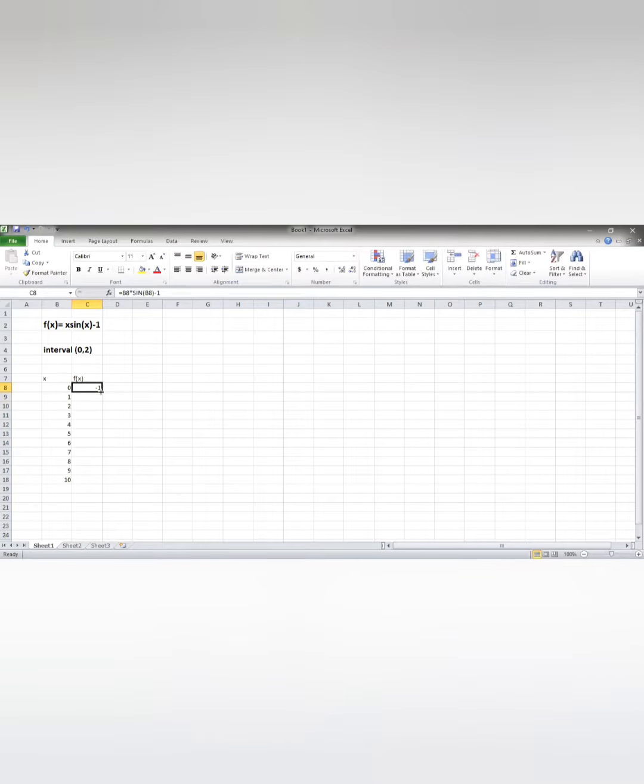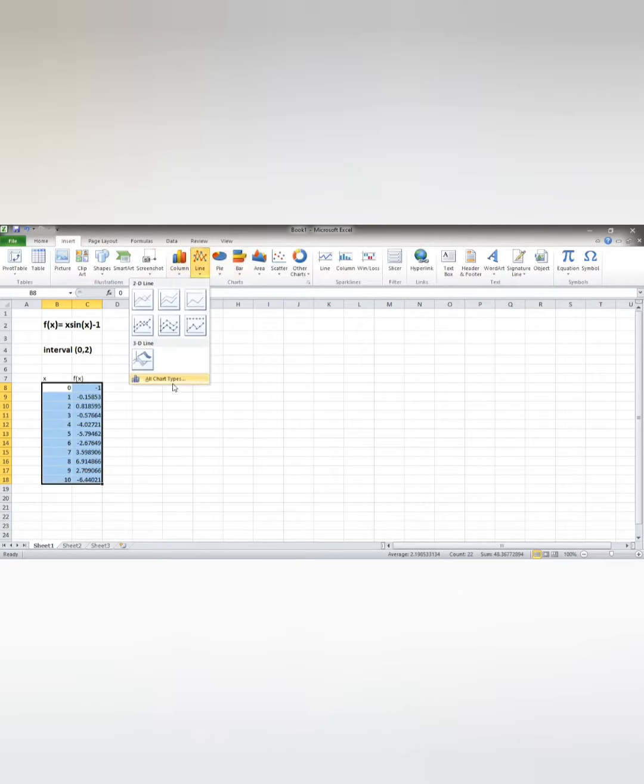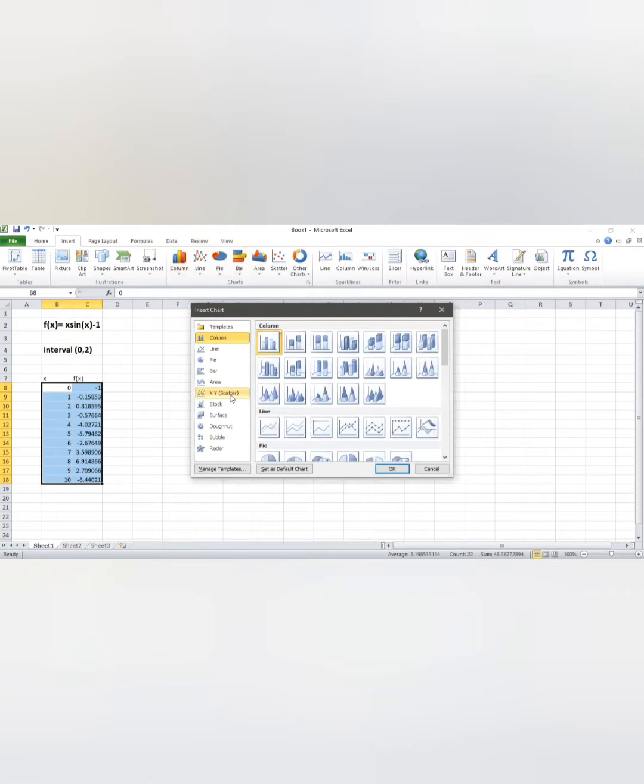So I have here negative 1. Then these are my values for x from 0 to 10. So I have to graph this. So I have to use an x and y scatter plot.